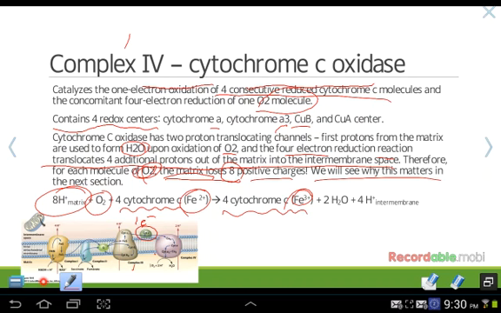We get 2 molecules of water total, and then 4 protons are pumped from the matrix into the intermembrane space, starting to create our proton gradient that we'll see is important in oxidative phosphorylation. So you can think of our intermembrane space as starting to get really positive and filled with a lot of protons.